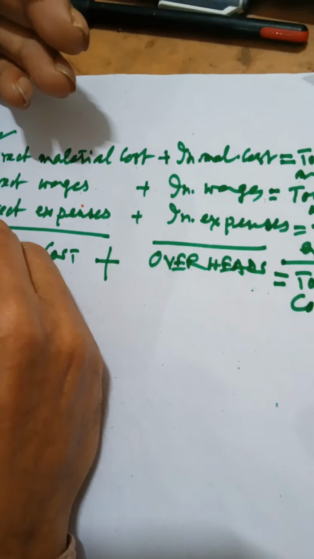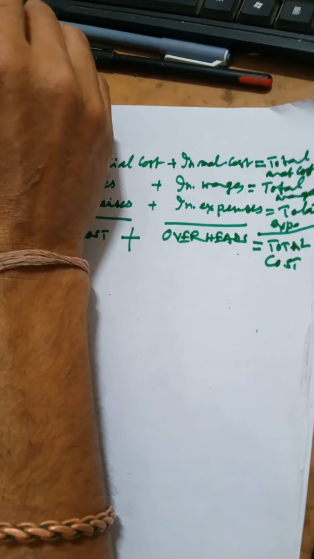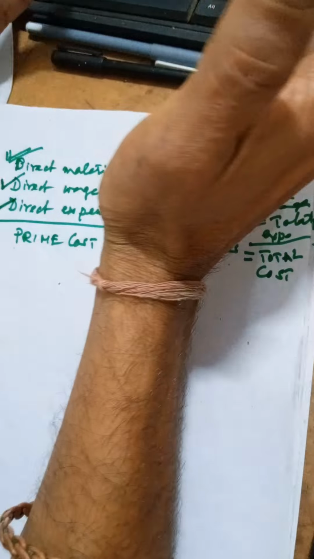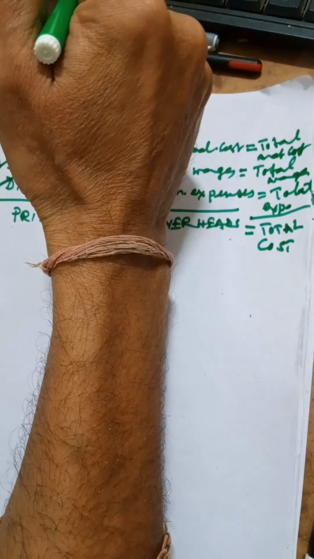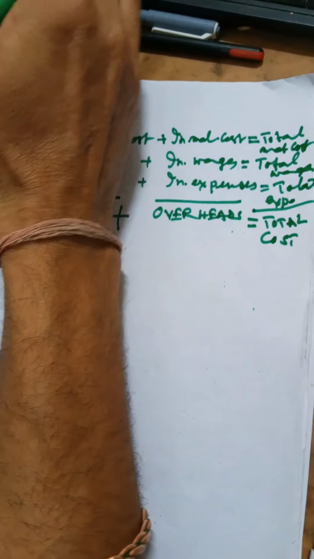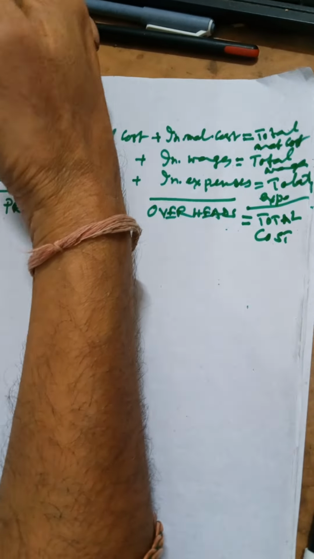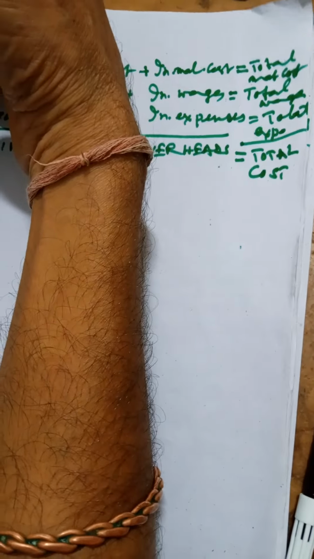And third one is direct expense. Direct expense is neither direct material cost nor direct labor cost or direct wages, but it is directly related with output. Now, examples of direct expenses are not very common and are mostly seen in electrical and civil engineering, construction and installation companies.